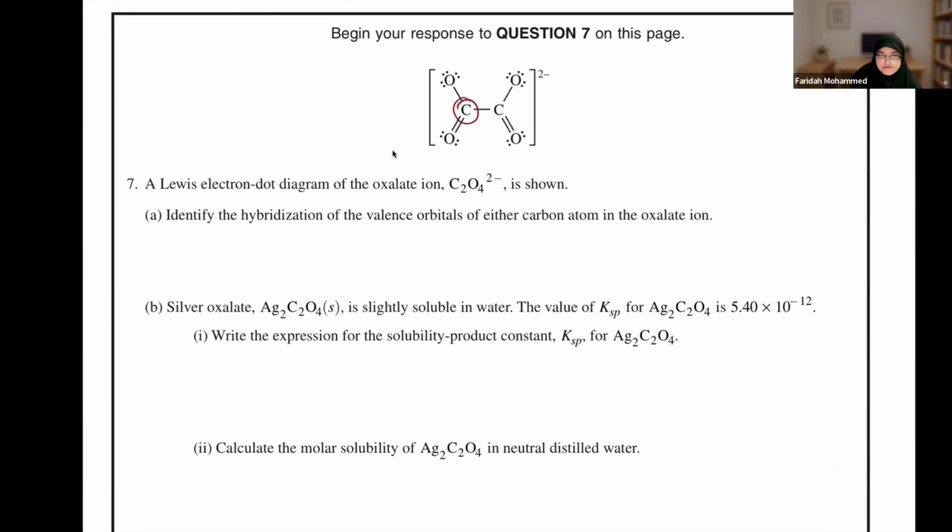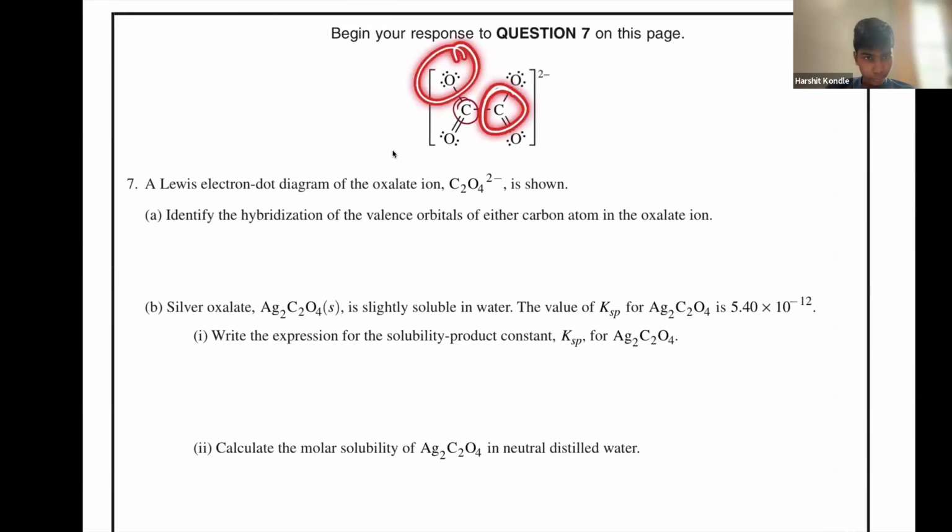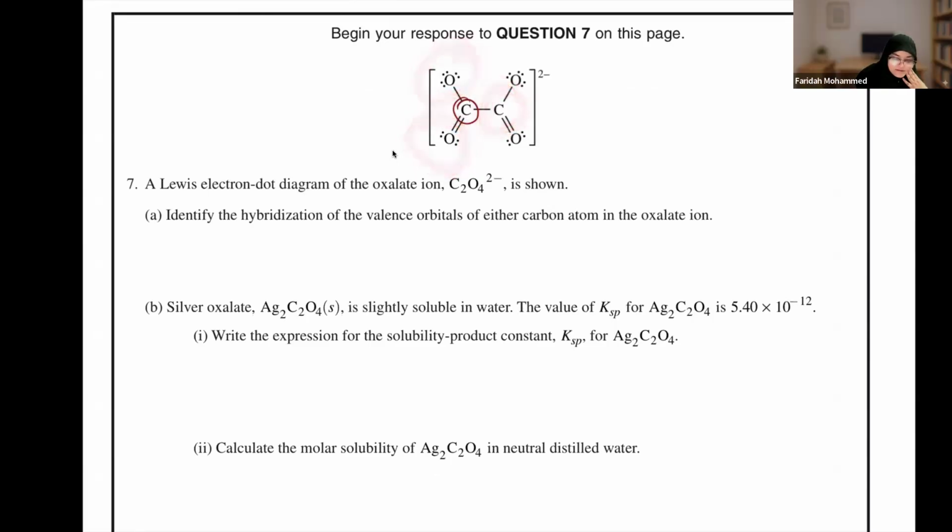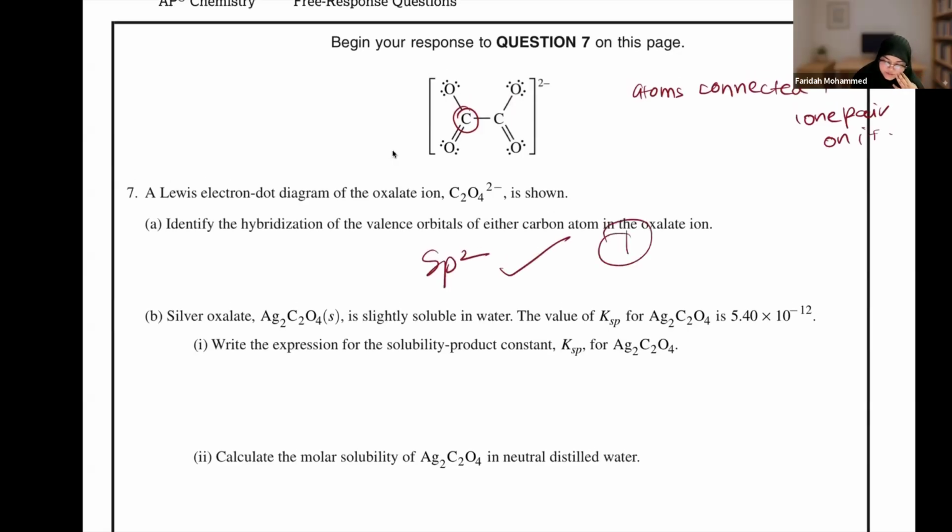How many electron regions? Three electron domains, regions. Three. Okay, yeah, 1, 2, 3, right? The simpler way is, how many atoms are connected, plus lone pairs on it. Okay, so this is sp2. Okay, 1 point.